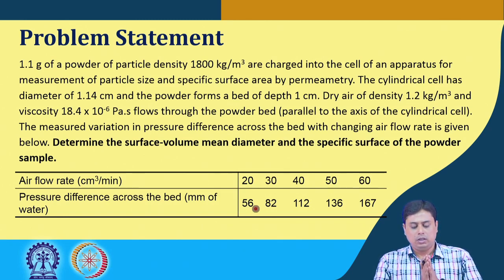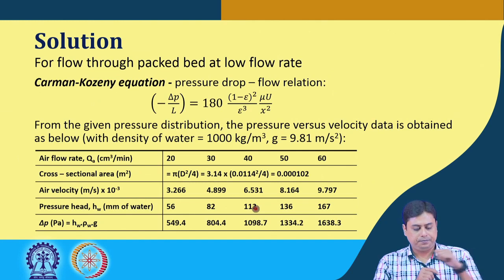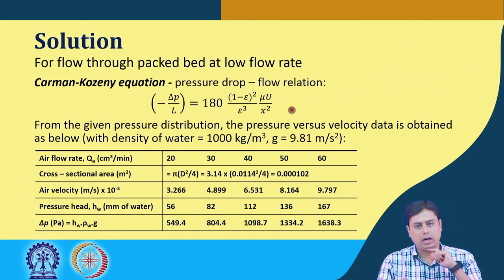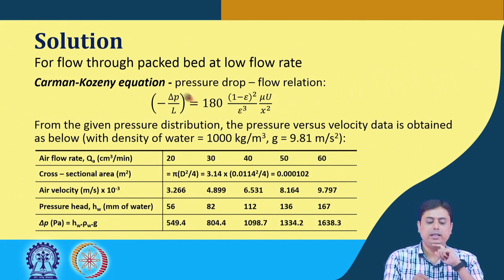So basically, if you look at this expression, this Koenig-Karman equation, this is the expression that I showed earlier as well. Now here this del P is given.